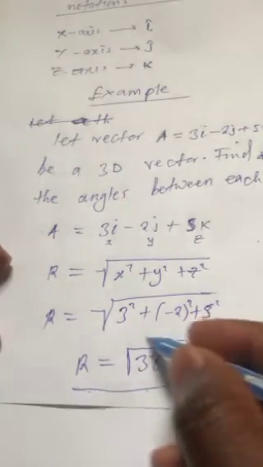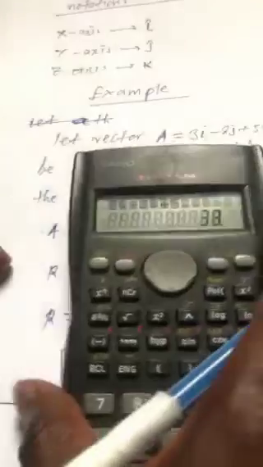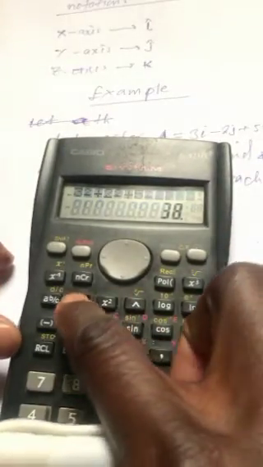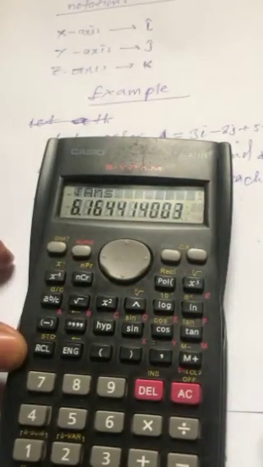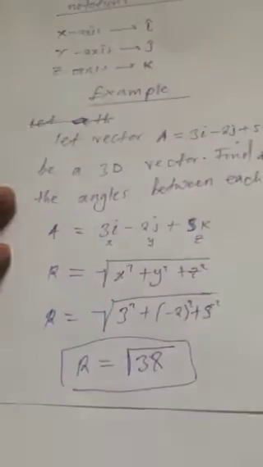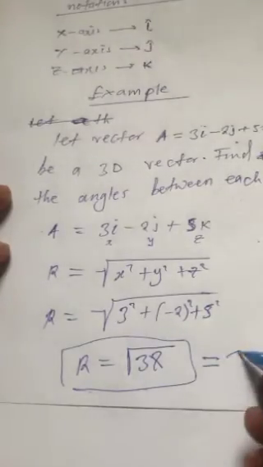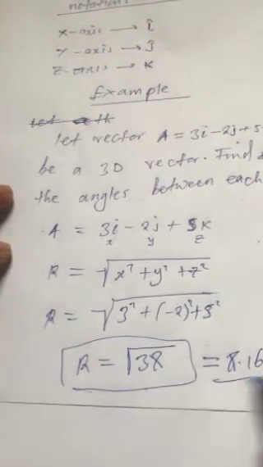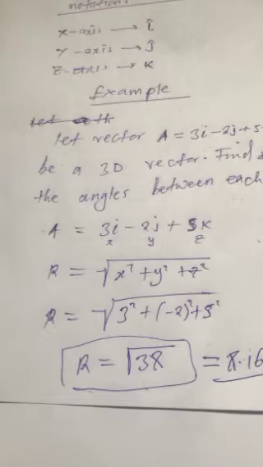This is my resultant. If you want, you can even do as follows, just by taking the square root of the answer, and you'll be able to get 8.16. So my resultant here can be 8.16. So definitely, to find the angle, we're going to find the angle as follows.